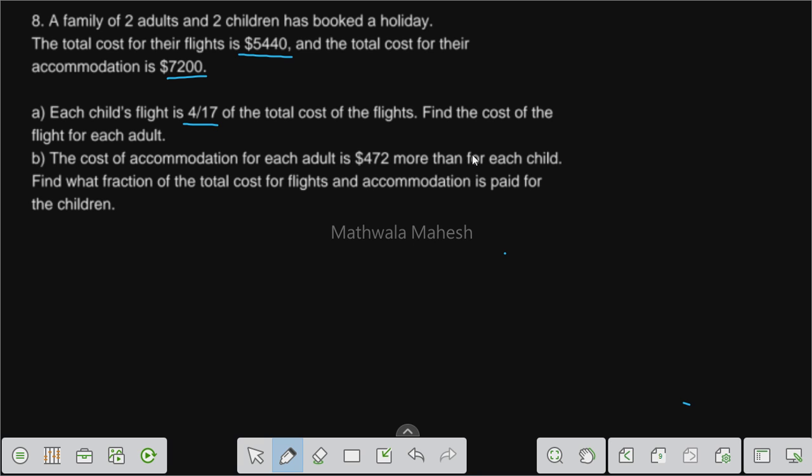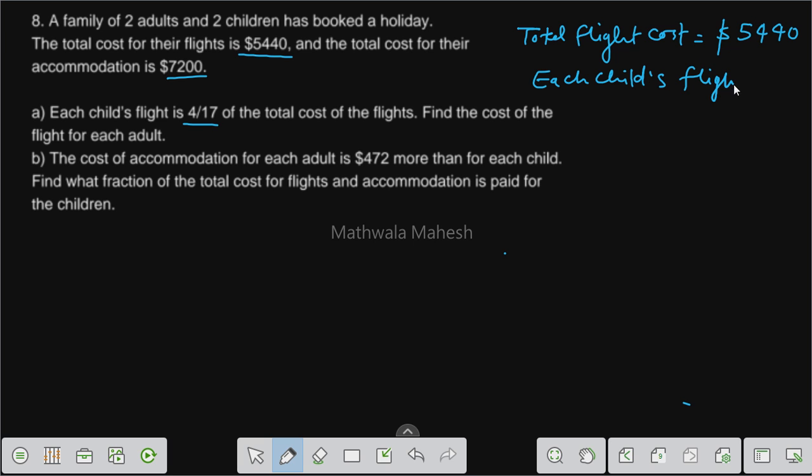so the total flight cost is $5,440, and each child's flight cost is equal to 4 by 17 of the total.